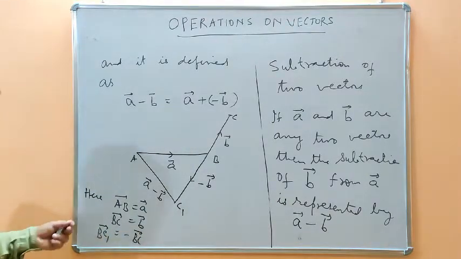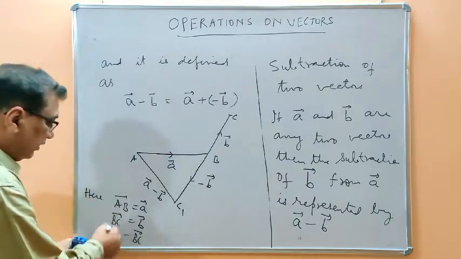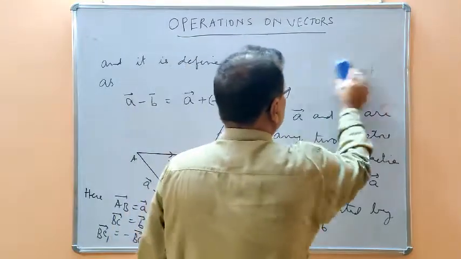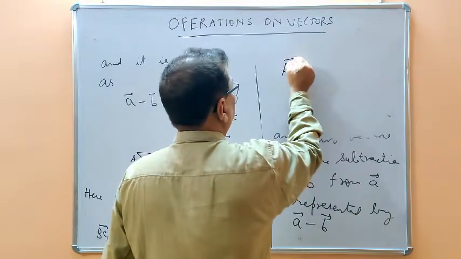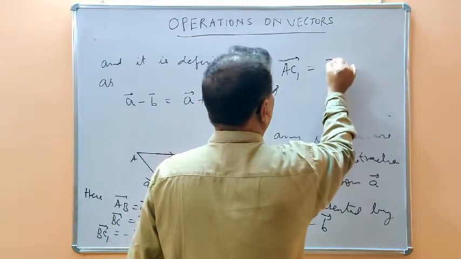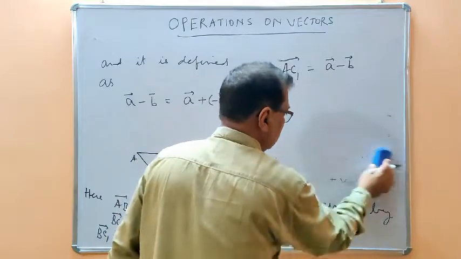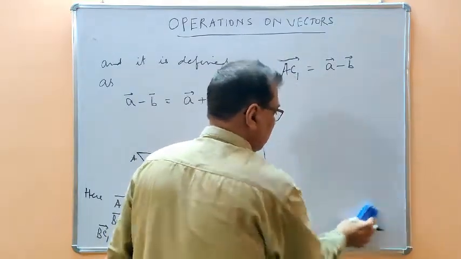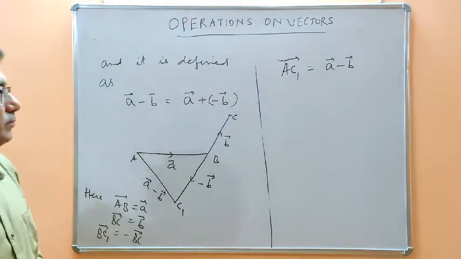Minus BC means magnitude wise they are the same but direction wise opposite. With this construction we get AC1, which is A minus B. So this is called subtraction of two vectors, meaning addition of one vector to the negative of the other vector. Okay.